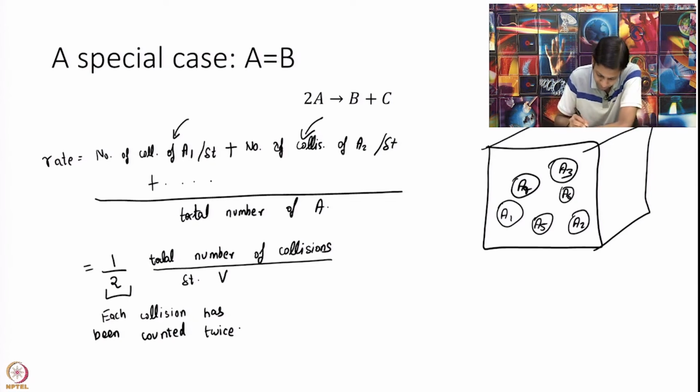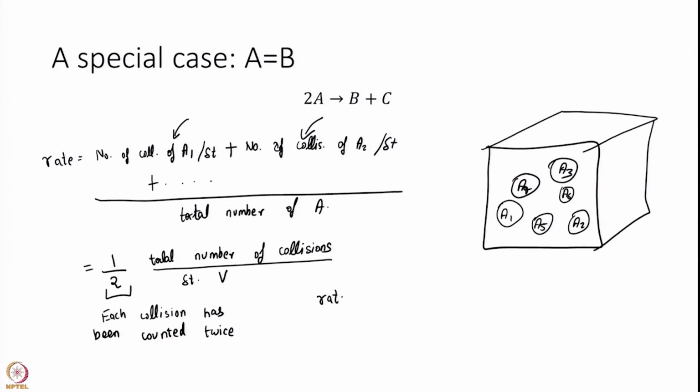So, in effect my rate will be half of pi into Ra plus Rb square, and Rb equal to Ra, into root of 8kT over pi mu, and mu also becomes simplified.